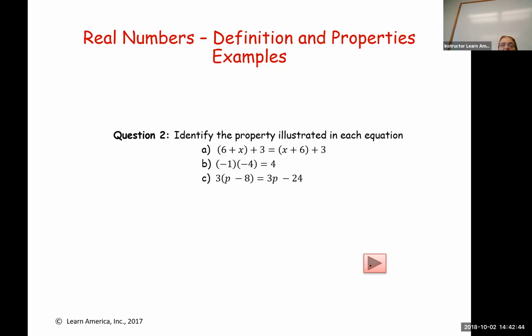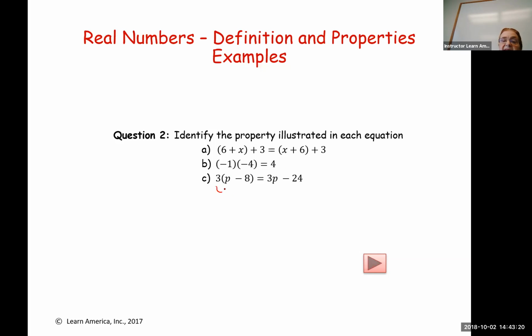Okay. Looking at these, identify the property that's illustrated in the problem. Now, if we look at this problem, we see we have 6 plus x. Here we have x plus 6. Okay, so these have been reversed. And so we are dealing now with addition under the commutative property. Here, we're multiplying negative 4 by -1, the result is going to be +4.